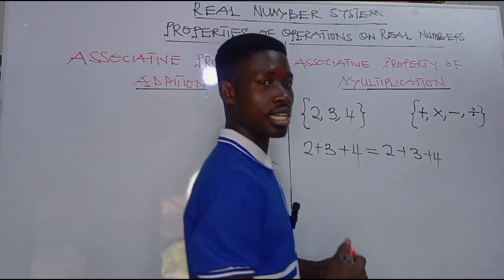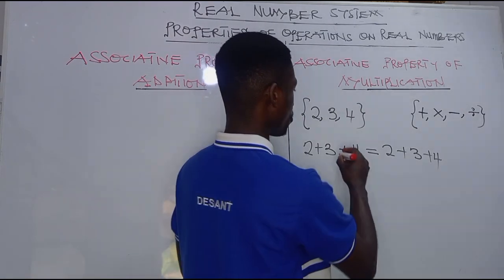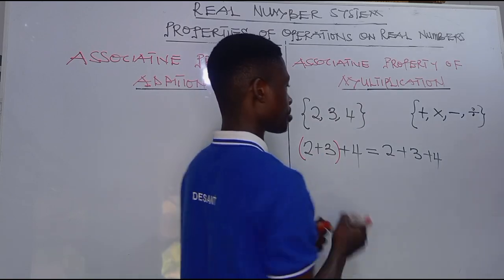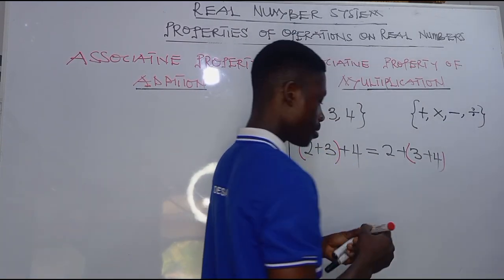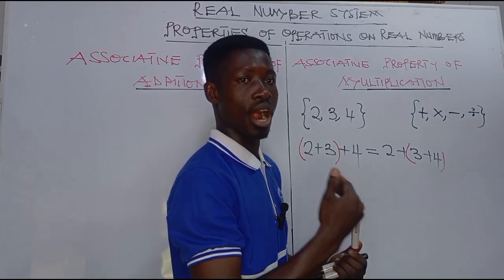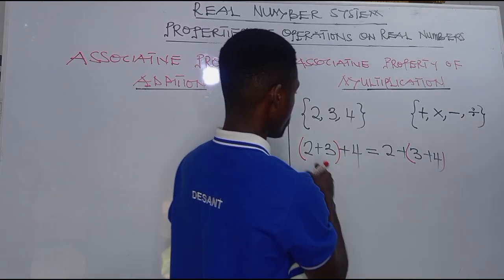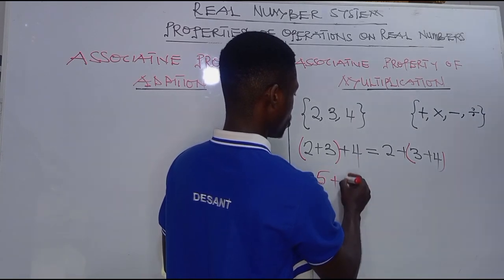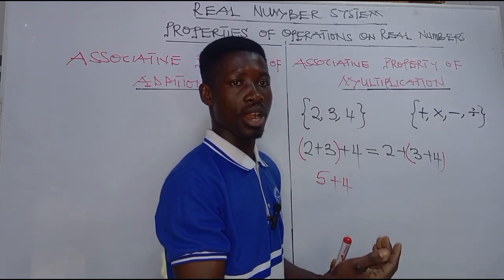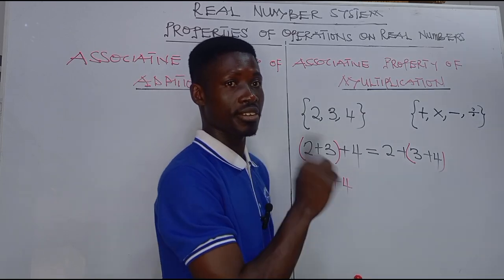What we are going to do is that we are going to group the first two numbers, 2 plus 3, and then group the last two numbers. Then after that, we perform our arithmetic operation. So this plus this will give us 5 plus 4. Remember, we add those in the bracket first.